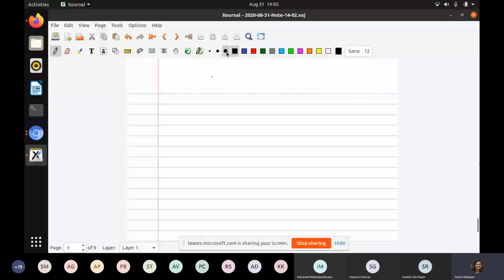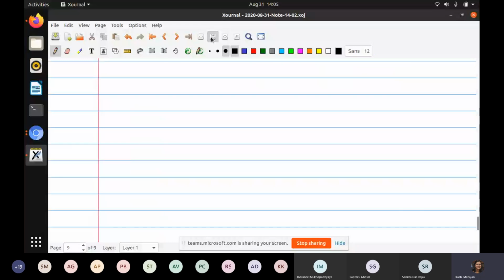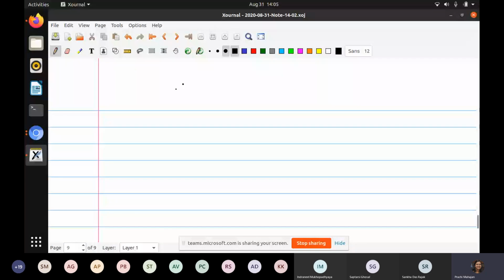Let me zoom out a little bit. Aha, this is not working. Sorry, this doesn't seem to work. Let me just start it once again and see if it works.